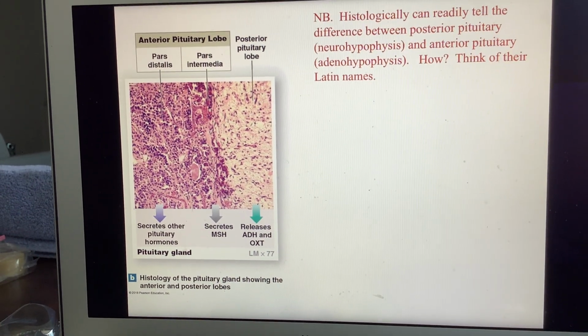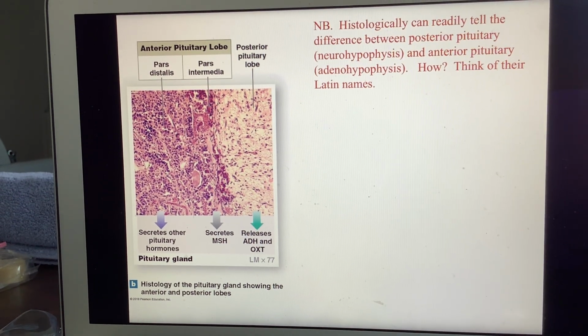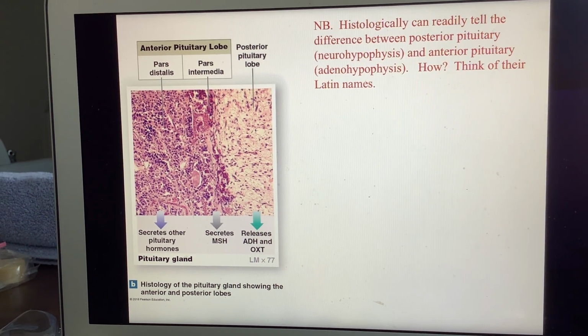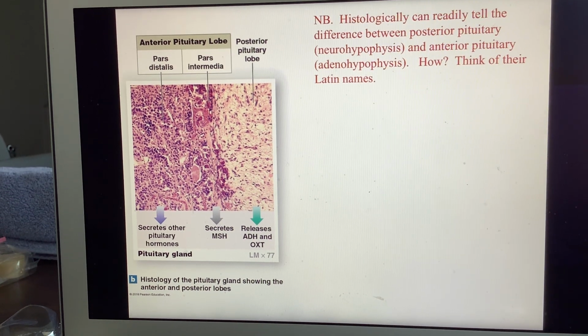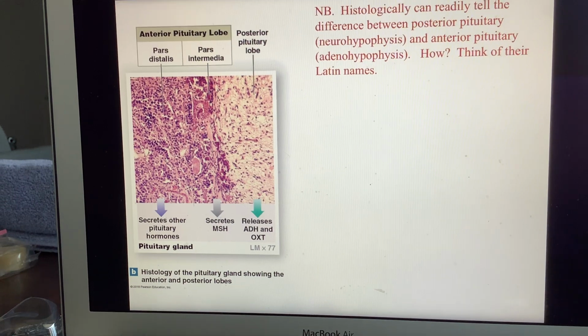When we talk about histology, which you know means a tissue section, you can readily tell the difference between the posterior pituitary, which is called the neurohypophysis, and the anterior pituitary or adenohypophysis. How do you do it?